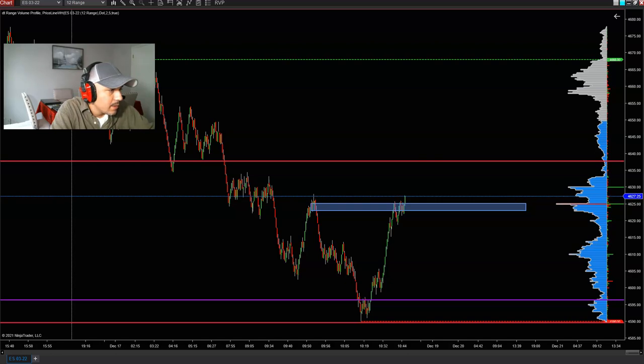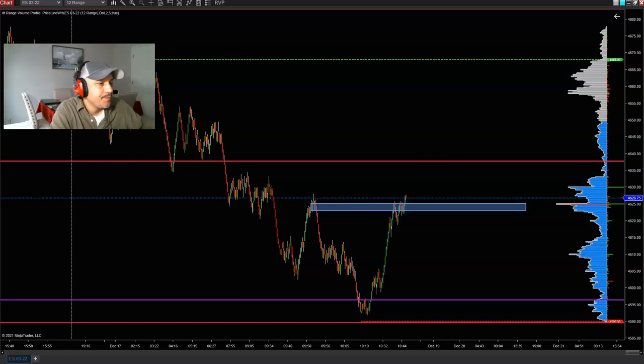And when I see price not wanting to pull lower, this could be an opportunity to go long here for me. But we have to be careful here because I need price to break to the upside.